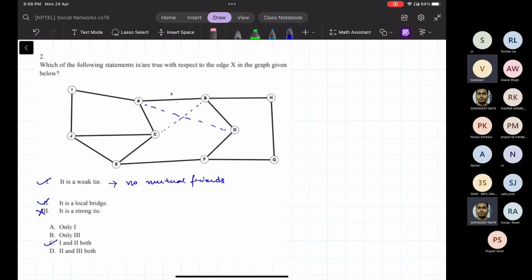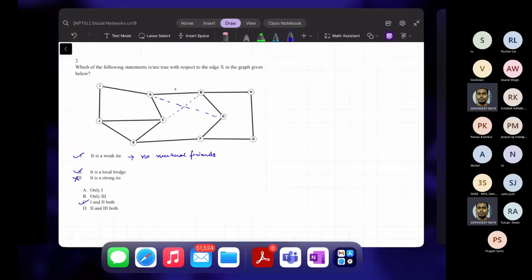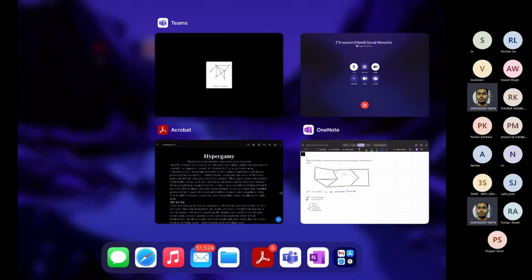Excuse me, sir. Yeah, go ahead. I have posted a similar question in the chat box. Could you please check that? Okay, let me see. What is the number of bridges in the network? Is it 1 or 3? Can you repeat what you just said? Is it 1 or 3 for this question? Let me share it on the screen for everyone.